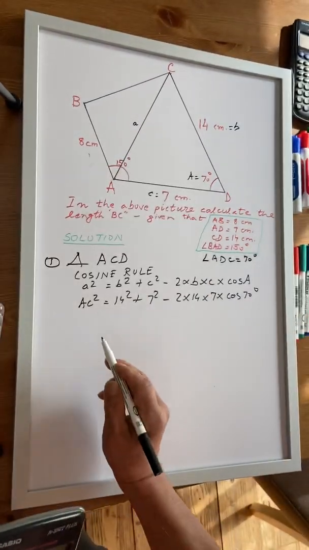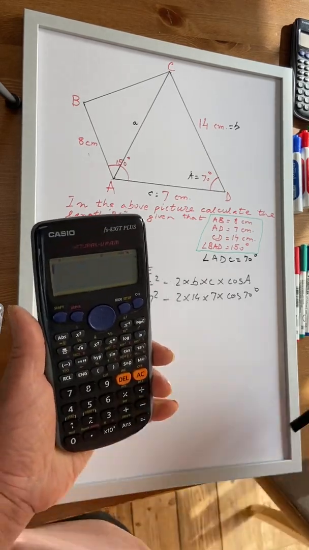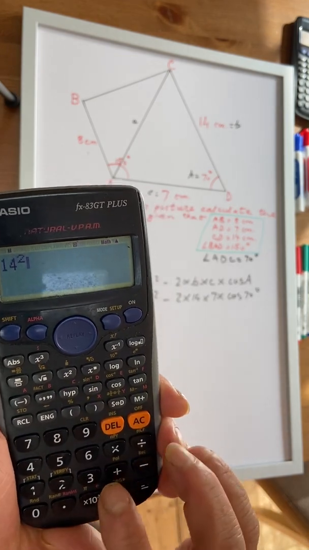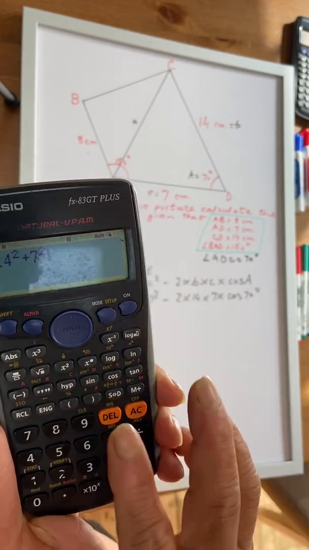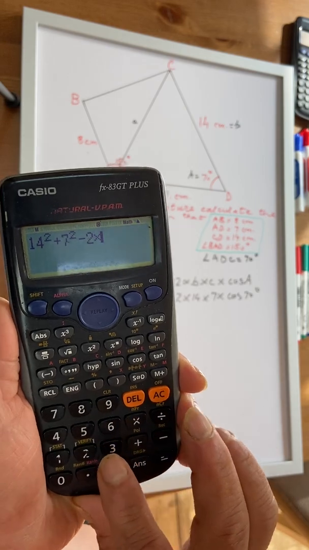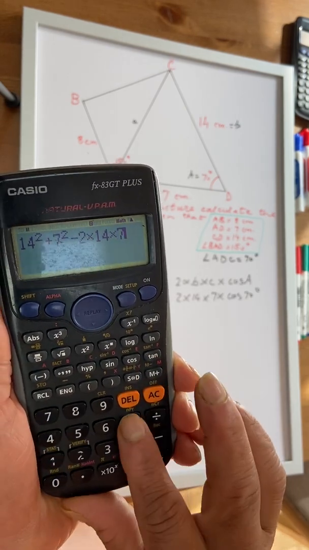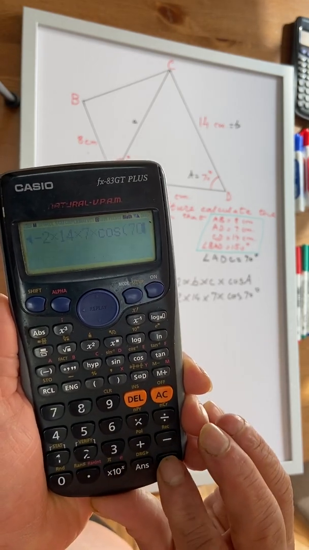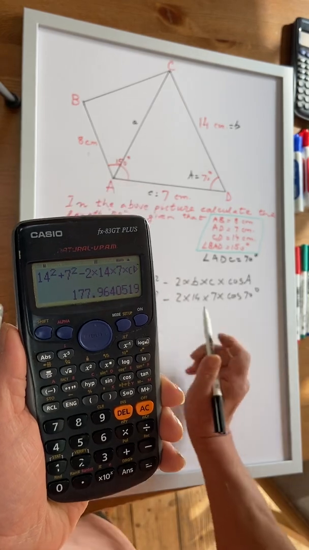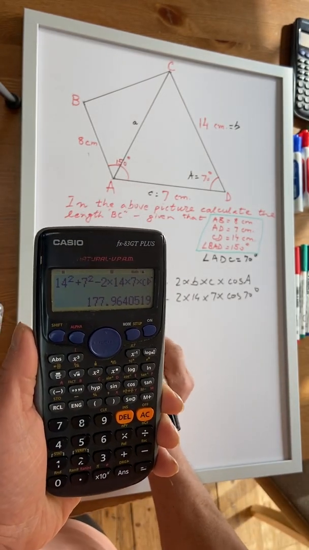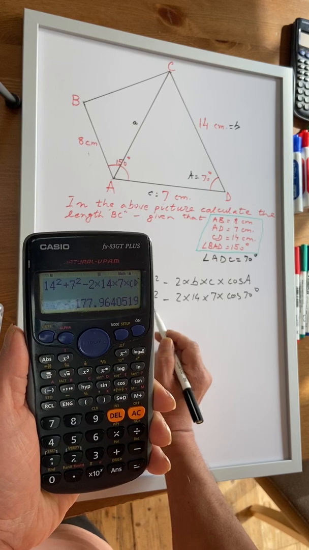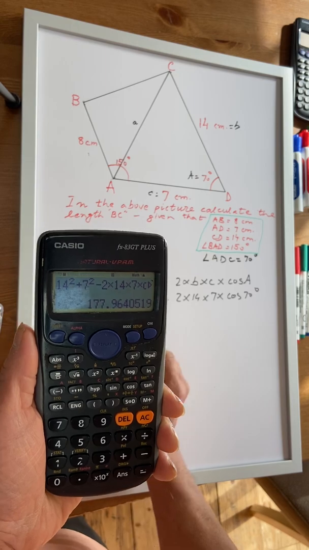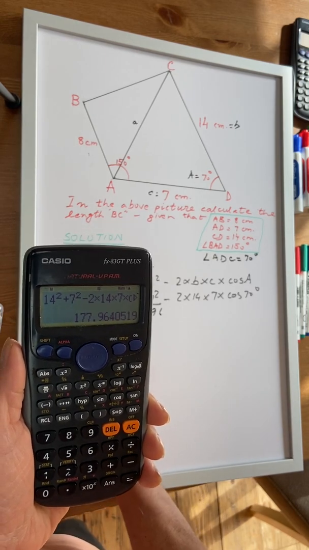Now we have to use the calculator, and if we do this on the calculator, 14 square plus 7 square minus 2 times 14 times 7 times cos 70, we get the value as 177.96. Now this is AC square, and of course we have to do a square root of both sides in order to get our length AC.